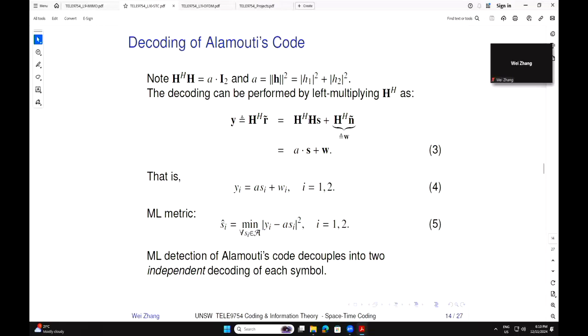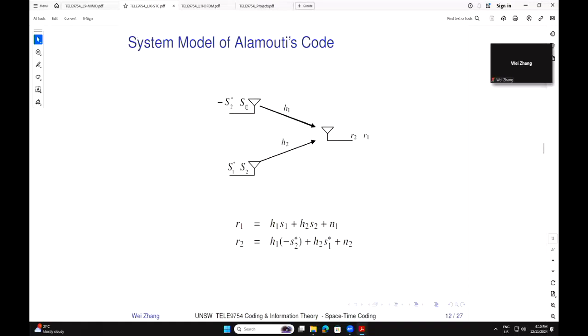That's why it gives this one due to this property. It gives the identity with a scalar constant, so that is called the orthogonal matrix. Due to this orthogonality, equation 3 can be deduced. It is equivalent to say that y1 equals a s1 and y2 equals a s2.